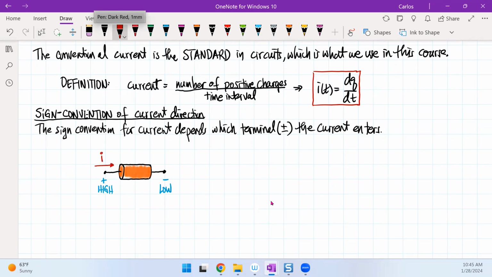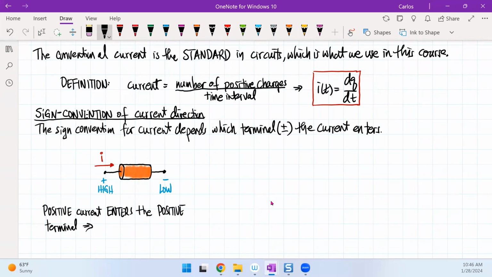so current in this case, you could see here that positive current enters the positive terminal.